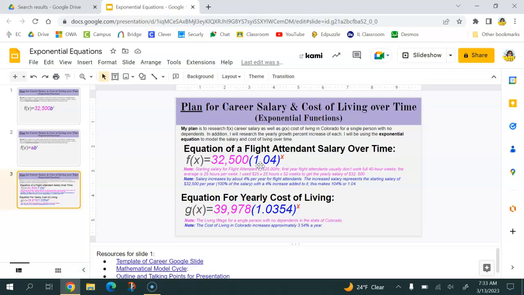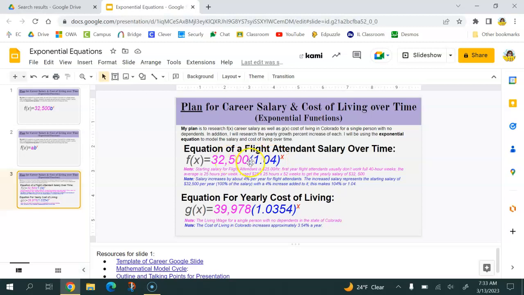Okay, the percentage increase. This is a percent, remember? So this is 104%. Reminder, when you are getting a raise, you are still making your current salary plus the amount of your raise. The one here represents 100%, which is your original starting salary, and then the 0.04 for me represents that 4% wage increase.